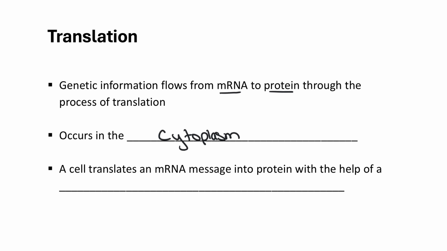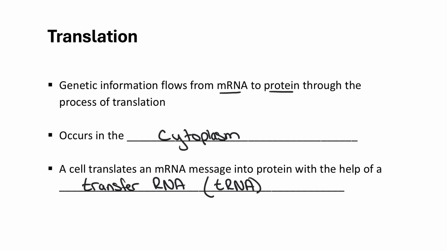A cell is going to translate an mRNA message into protein with the help of another type of RNA called transfer RNA, abbreviated tRNA. And this tRNA is going to allow for the messenger RNA to be translated into protein.